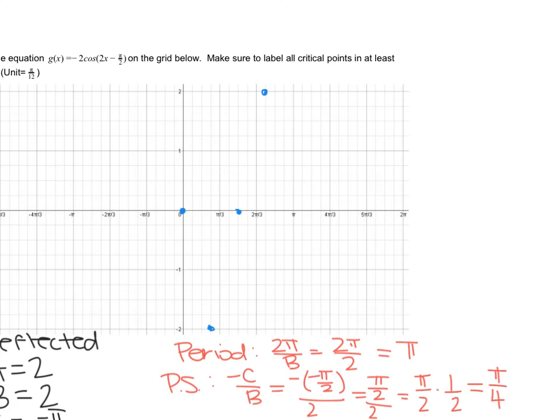At pi, we will be at 0. And then lastly, at 5 pi over 4, we will be at negative 2. Now all that's left to do is connect our points. And we have a graph of our cosine function.